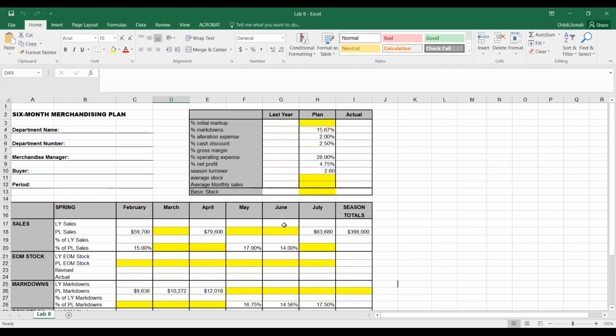Any other questions? Remember here, for your markup percent, you have expenses, profit, markdowns, alteration expense, and cash discount. You will be using the formula on page number 135, so make sure you are doing that correctly. All your dollar amounts are to the nearest dollar and your percentages are to 2 decimal points.